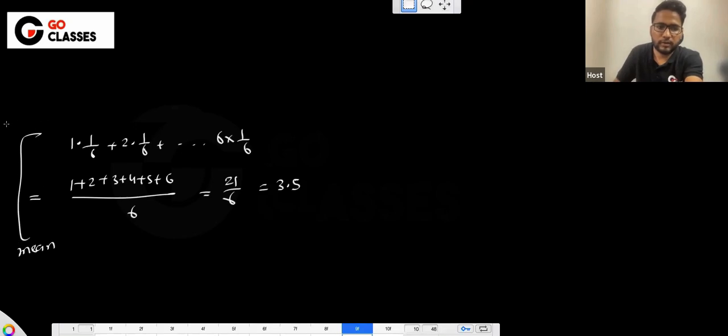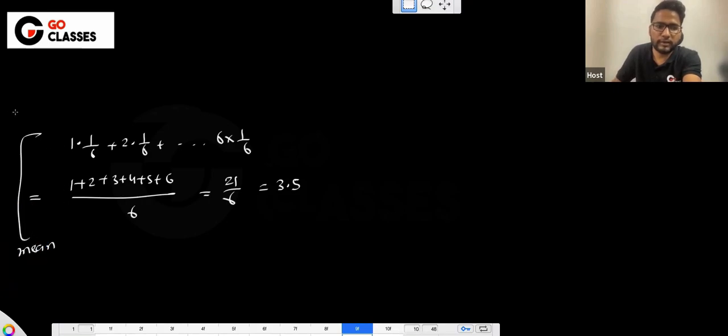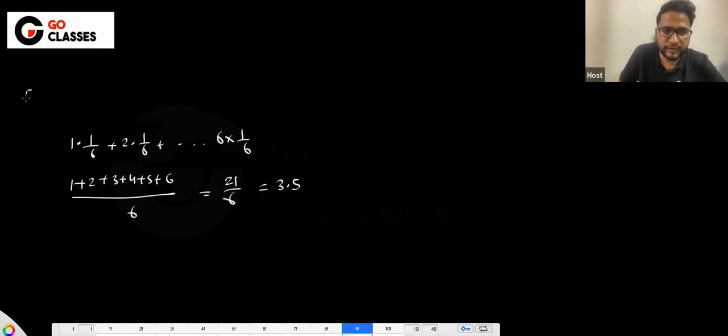Your variance will look like this, where everything is in square, because first you will find the expectation of x square, and then you will find the variance. So let me first find the expectation of x square. It will be 1, 2 squared, 6 square.